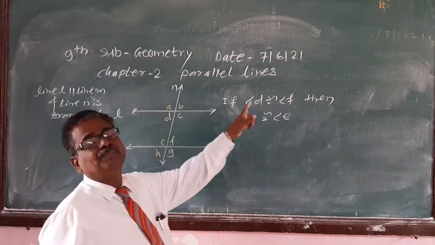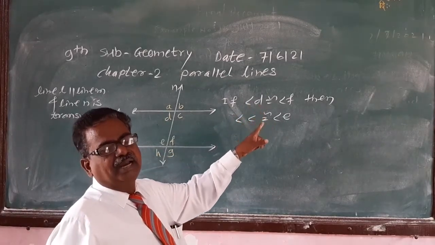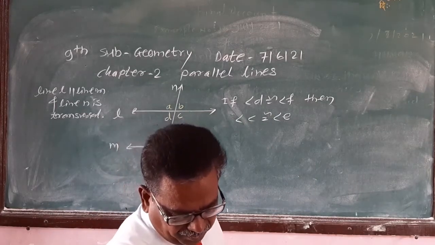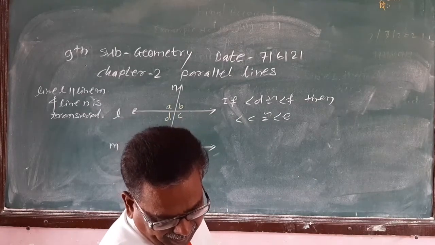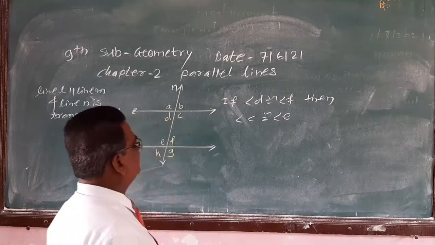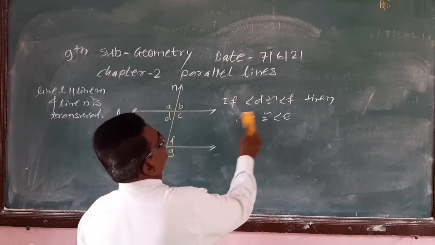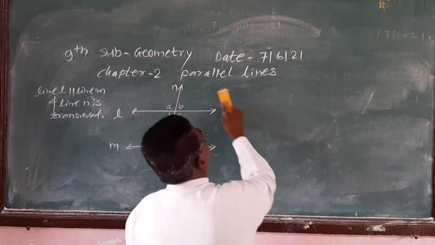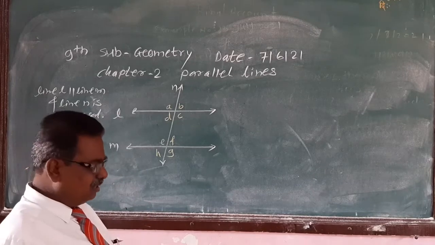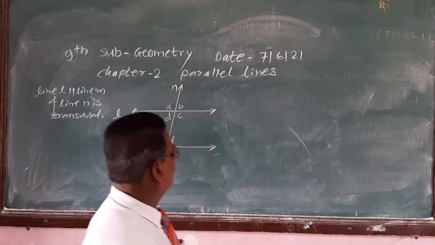We write here only interior alternate angles. And last one, property number 5: when one pair of interior angles on one side of the transversal is supplementary, then the other pair of interior angles is also supplementary.